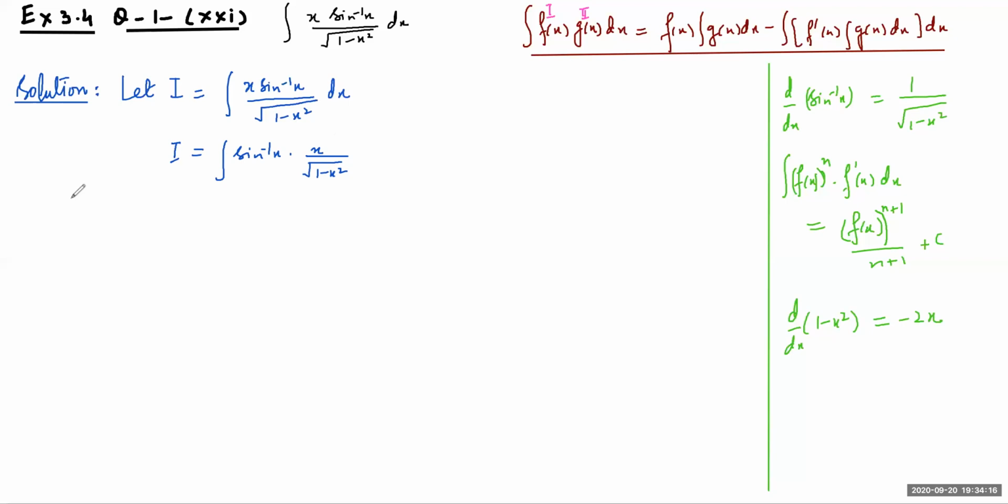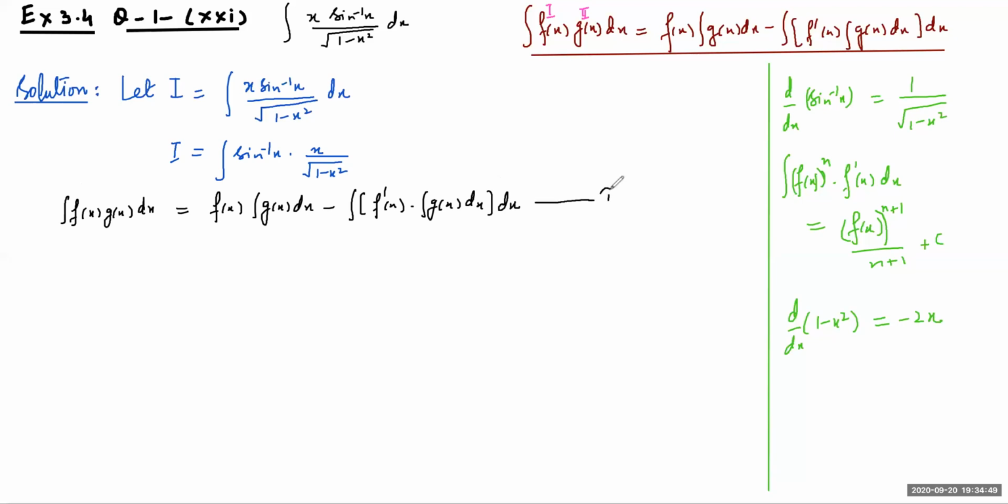The formula for integration by parts is integral f(x) g(x) dx is equal to first function constant, that is f(x) as it is, into integral of g(x) dx, minus integral, bracket, the derivative of f(x) into the same integral g(x) dx, bracket close, and we have dx. We wrote this formula and we name it as 1.